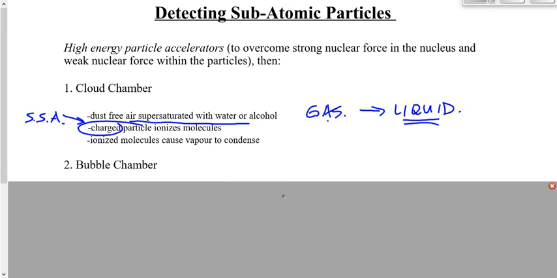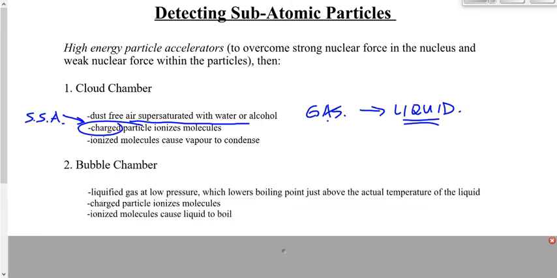It's kind of the opposite to what we just described. Call it the bubble chamber. In the bubble chamber, instead of having a gas that's almost a liquid, we have a liquid that's almost a gas. The liquid is just below the boiling point. We smash these particles together, breaks up into these sub-subatomic particles, or quarks.